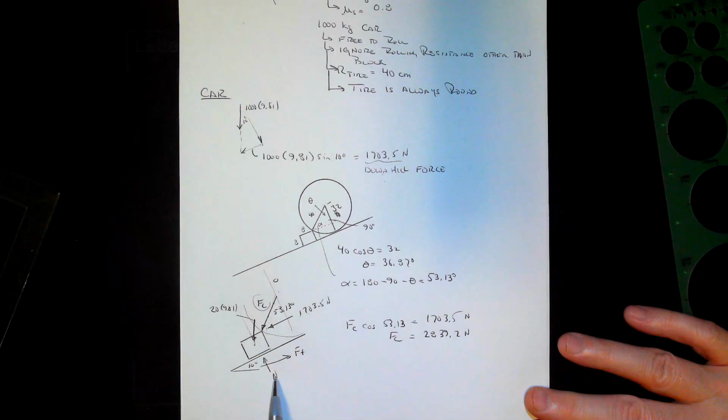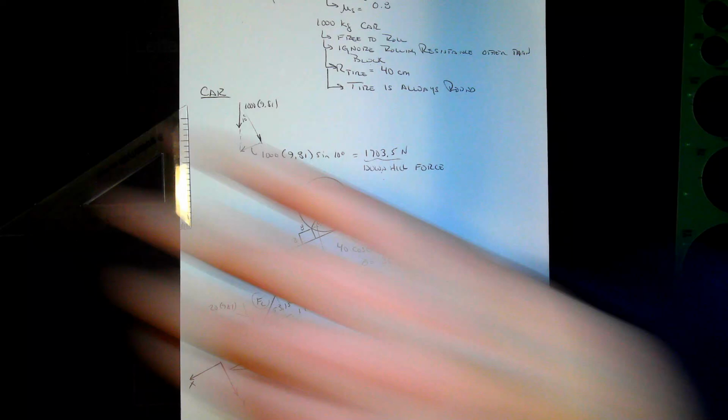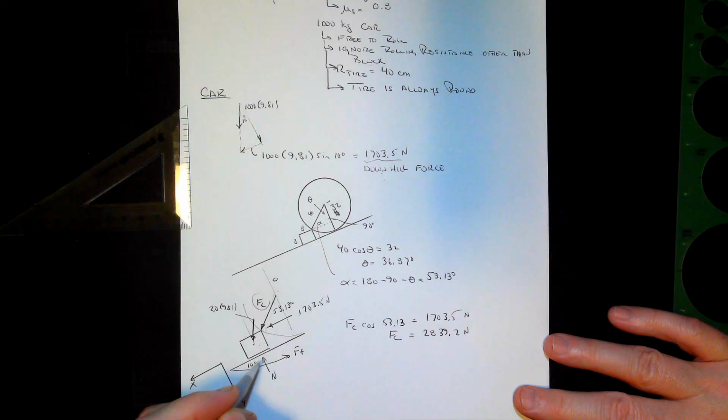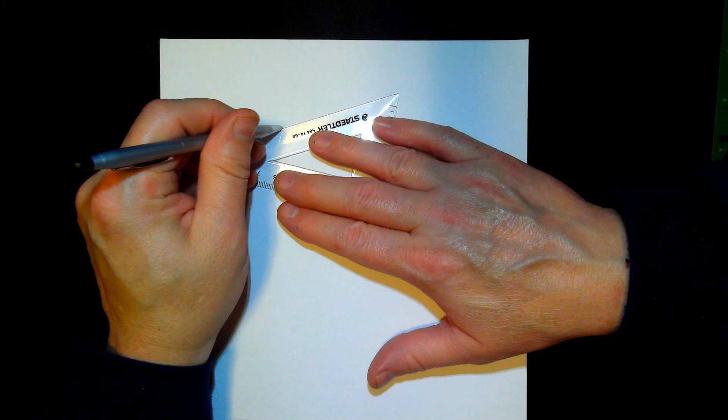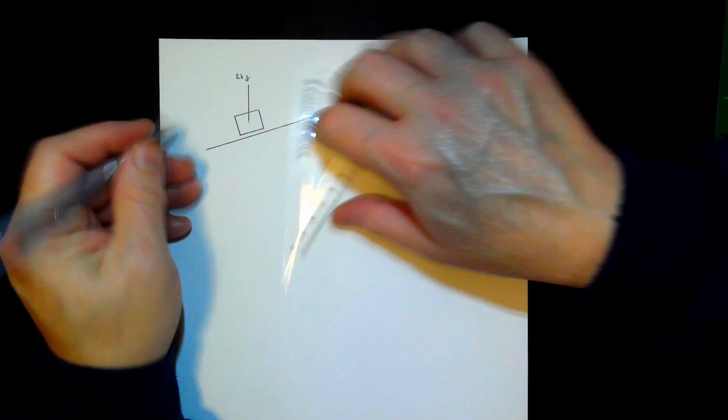So I have that term: 1,000 times 9.81 times sine of 10 degrees, and that works out to be 1,703.5 newtons. So this is the downhill force. That's what the block has to stop.